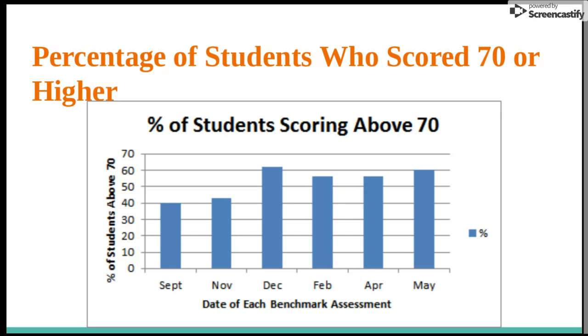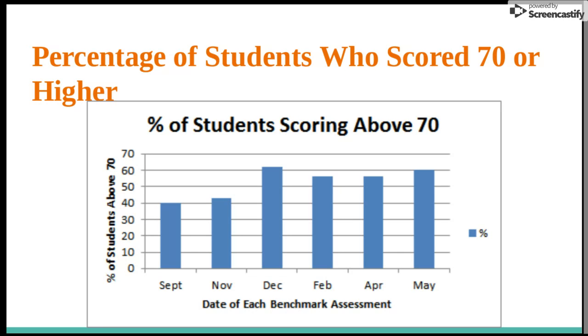With September serving as the control group, I used the 40% of students who scored a 70 or higher to compare the future scores to. On the November benchmark assessment, we had an increase of 3 points, with 43% of students scoring 70 or higher. The December assessment saw a great increase of 19 points to 62% of students making a 70 or higher.